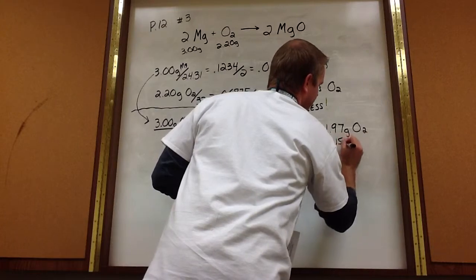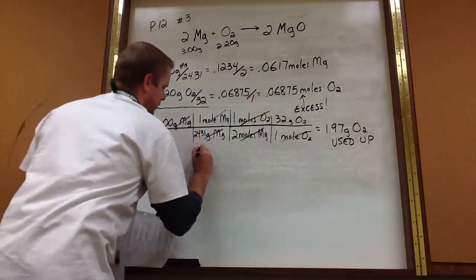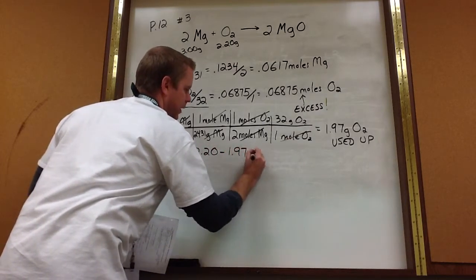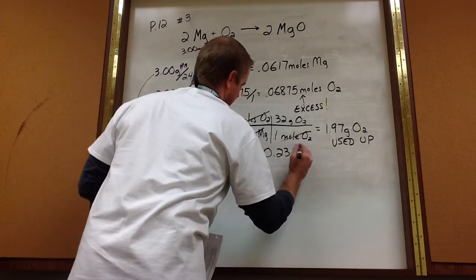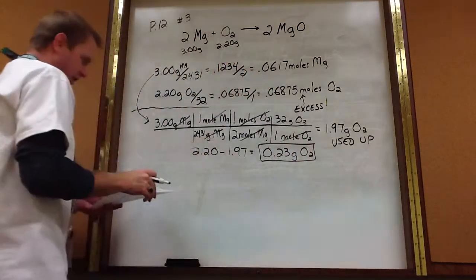But remember, that's how much was used up. So, I gave you 2.20. You used up 1.97. So the answer is 0.23 grams of O2.